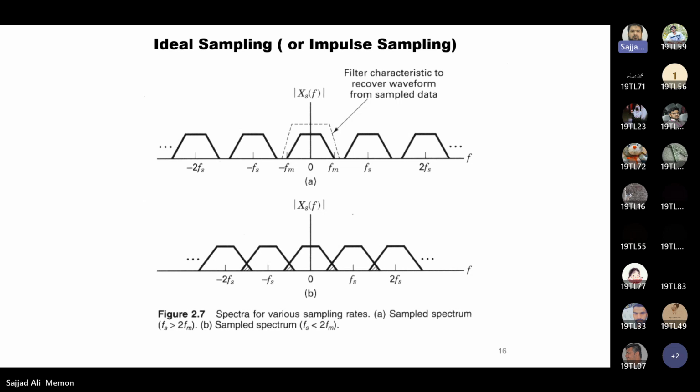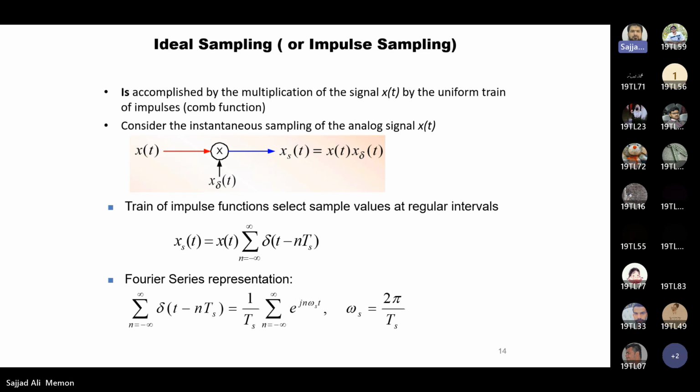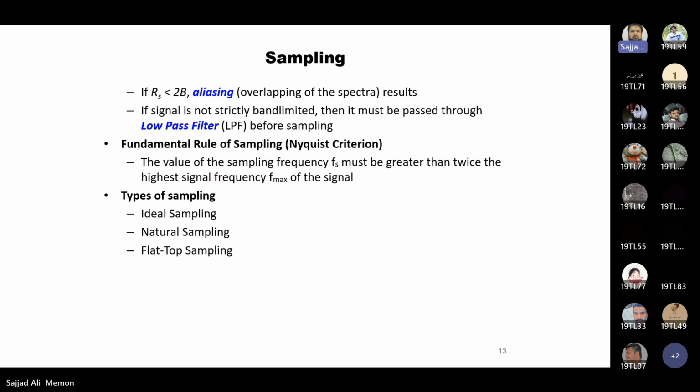Previously, somewhere it says low pass filter. If a signal is not strictly band limited, then it must be passed through a low pass filter. Now this low pass filter is not the ideal low pass filter.